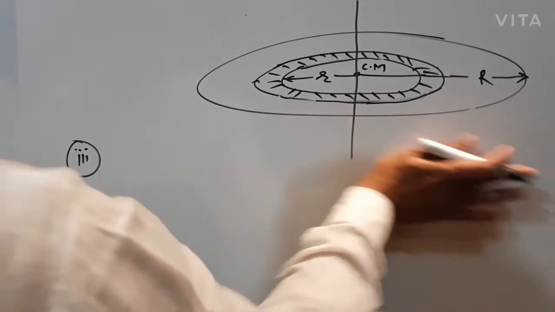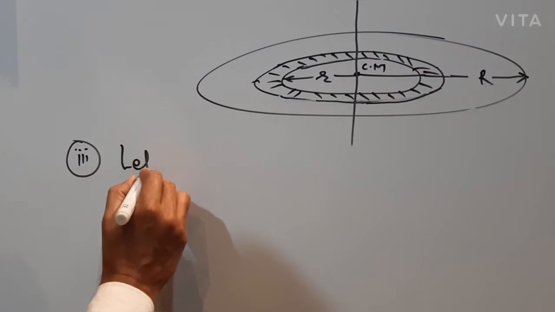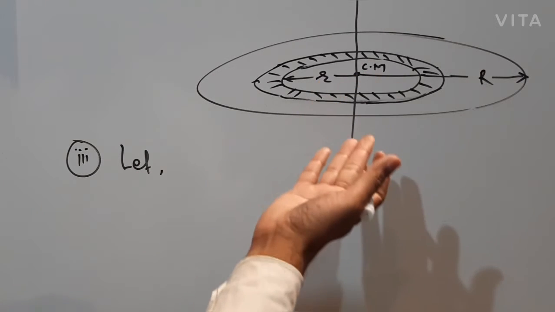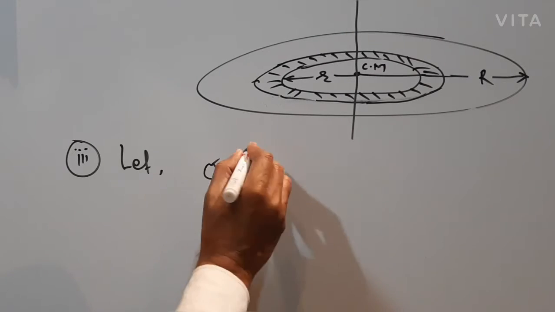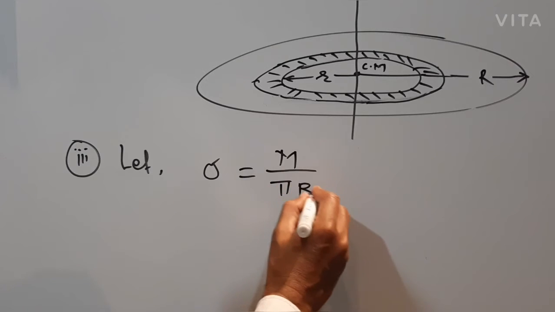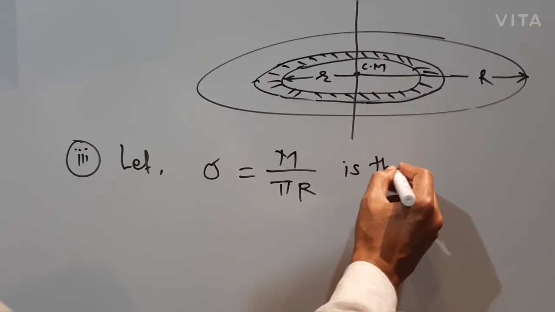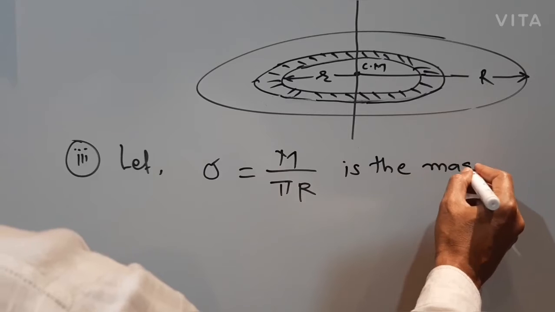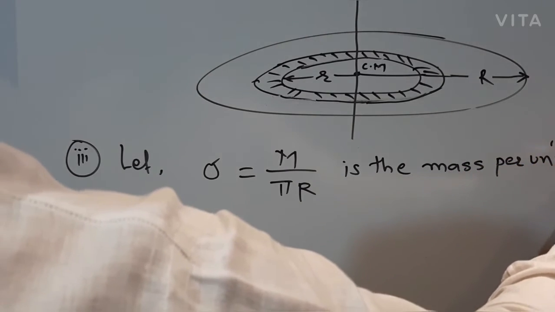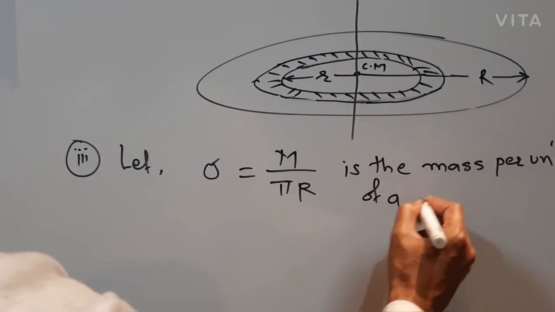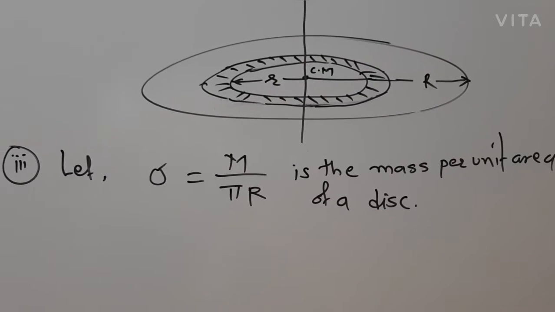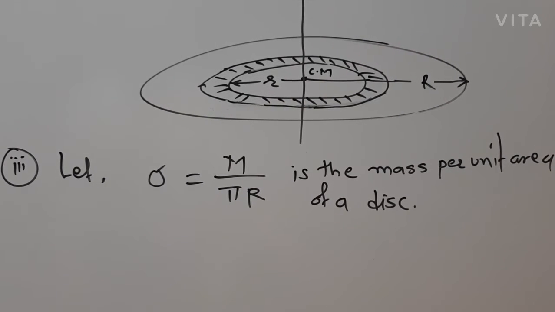Let M be the mass of the disk, and sigma the mass per unit area of the disk. Let sigma is the mass per unit area of the disk.